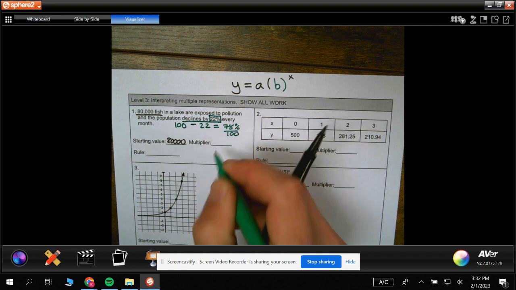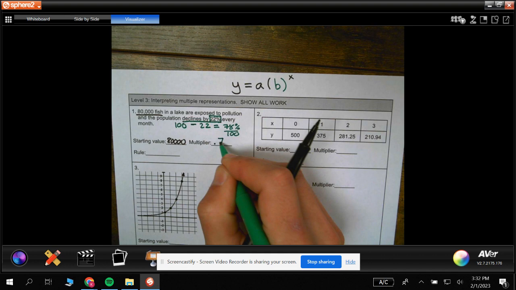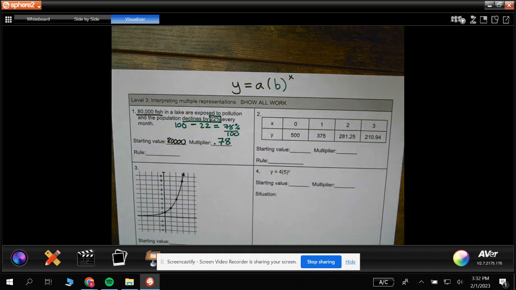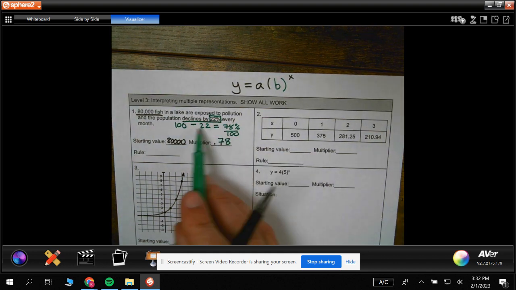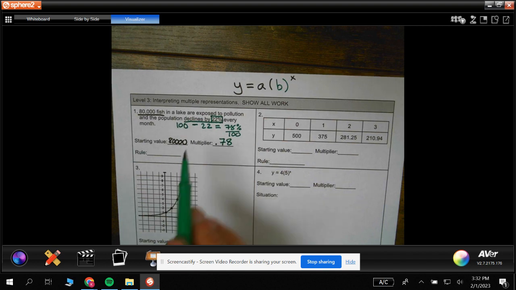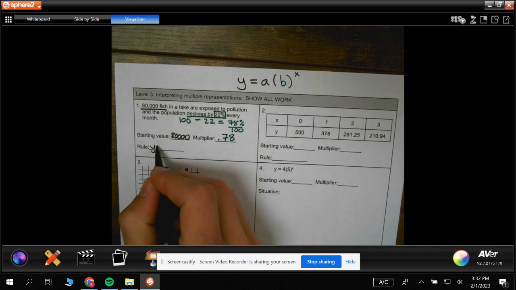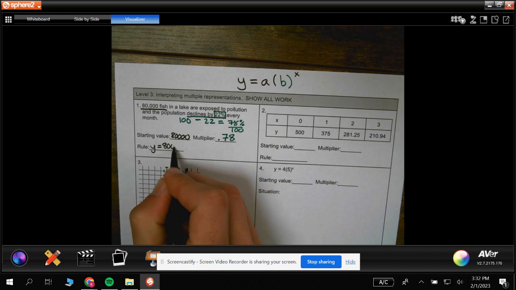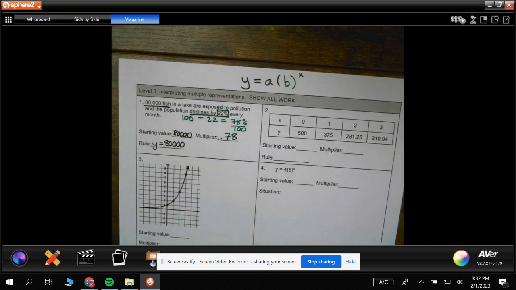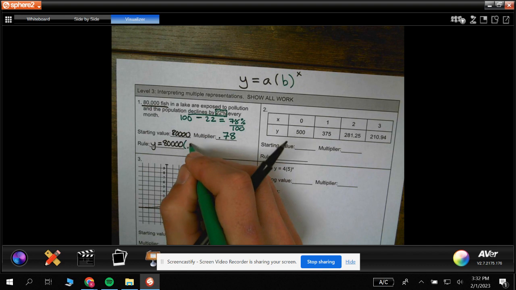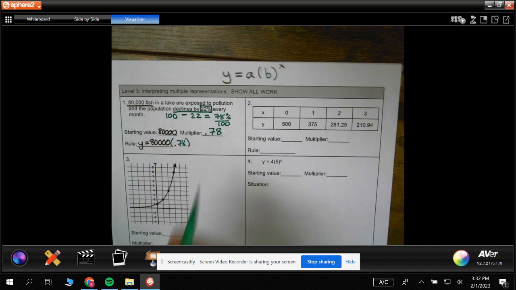Divide that by 100. So my multiplier is 0.78. Again, because it's declining, I take it away from 100. That means my rule in this case is y equals my starting value, my a value of 80,000, times my multiplier, 0.78, to the x power.